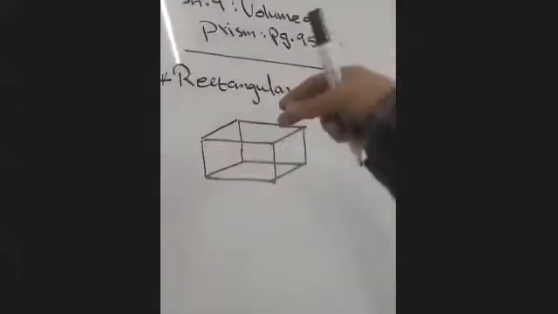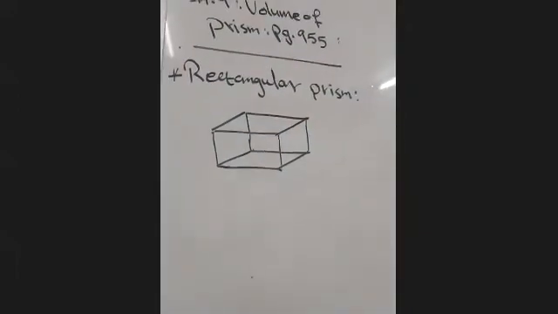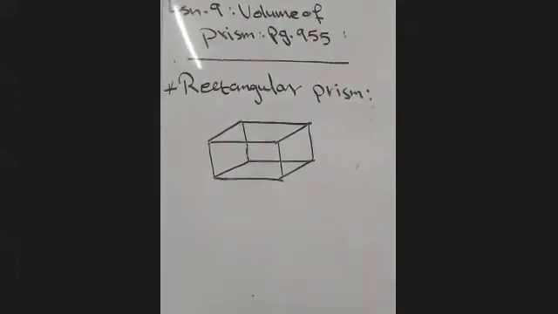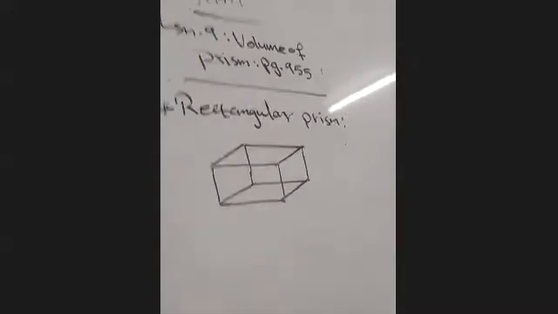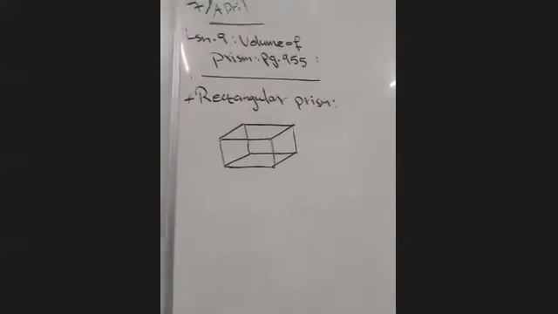This room here is a rectangular prism because it has a roof, a floor, and 4 sides around. The volume of this room is how much space is inside it, meaning how much water I can put inside it. Sometimes we call it the size, but here we'll call it volume.